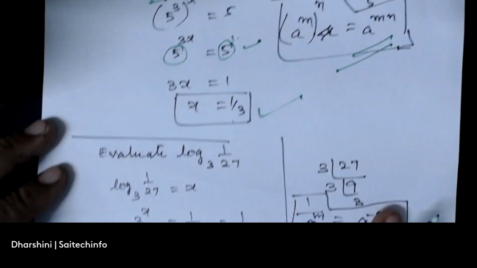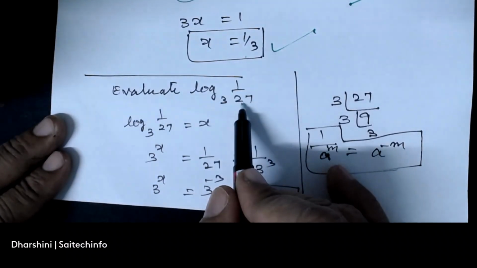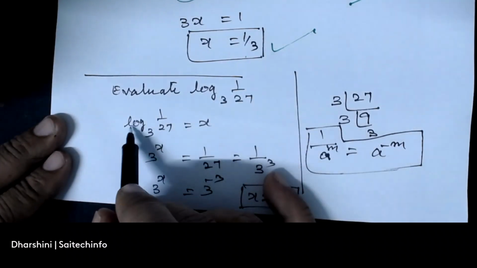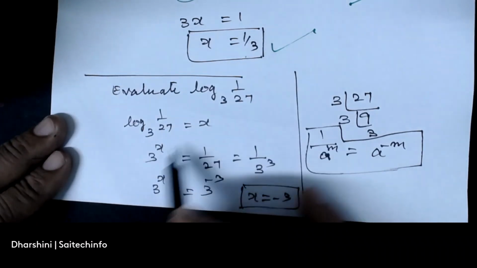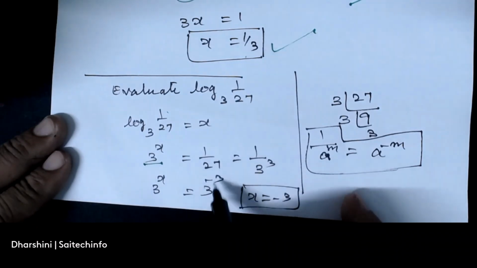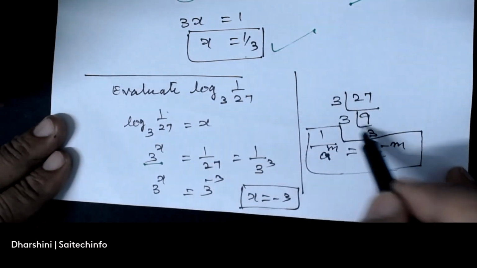Next, evaluate log 1 by 27 to the base 3. So log 1 by 27 to the base 3 is equal to x. So 3 power x is equal to 1 by 27. 27 is the bigger number, that can be factorized, so that becomes 3 cube.